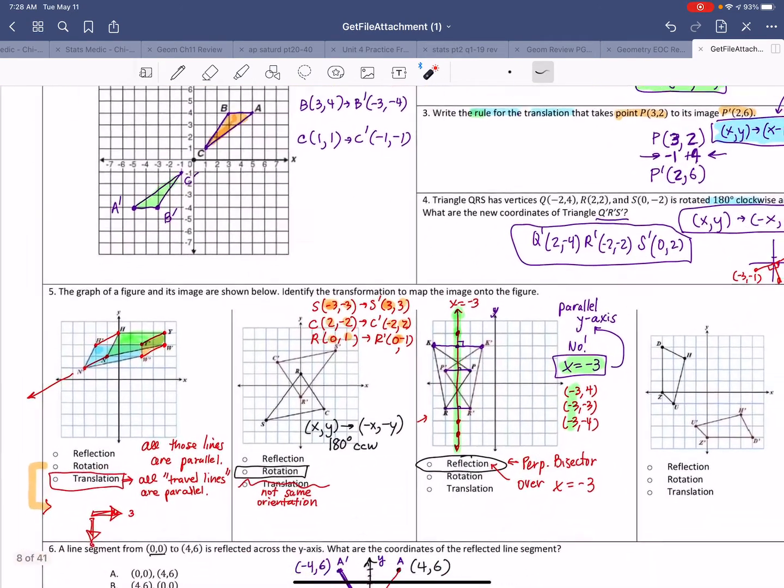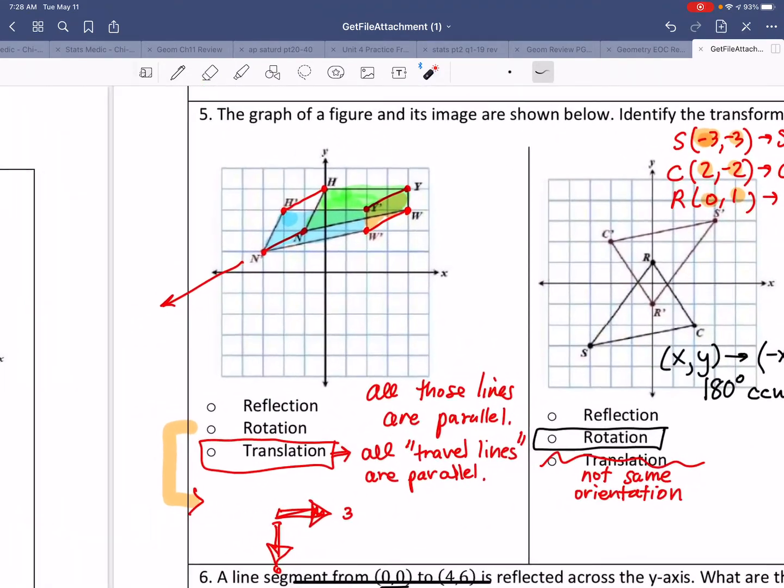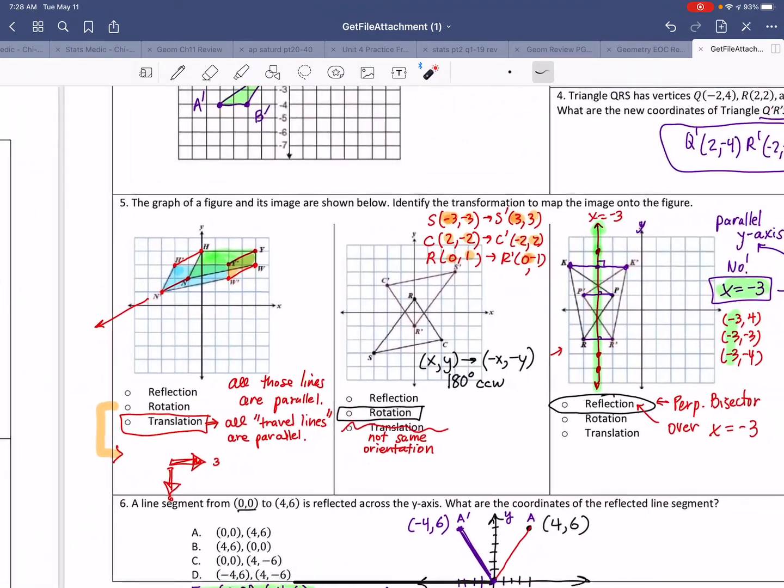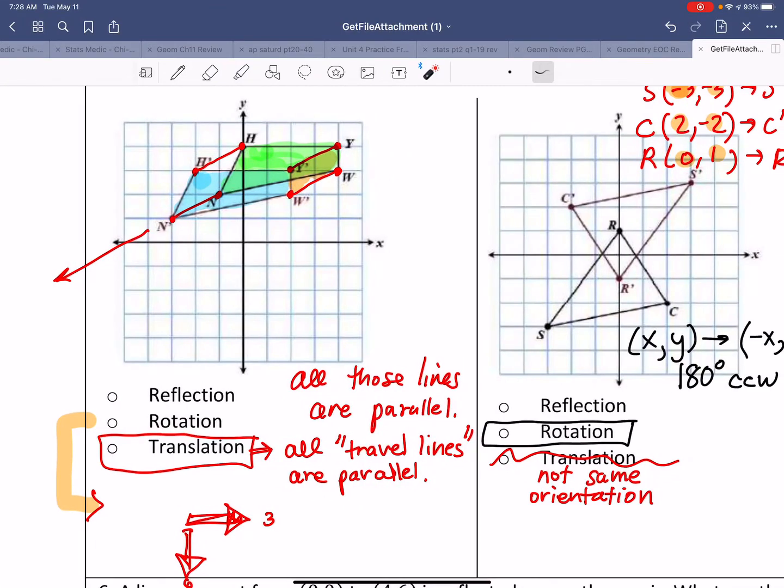Question number 5. Ooh, this one's a big one. They give us a lot of questions. It says, identify the transformation. So we notice here that the object is pointing the same way. If I think of this as the head of an arrow, it's pointing here, and here it's pointing that same direction.